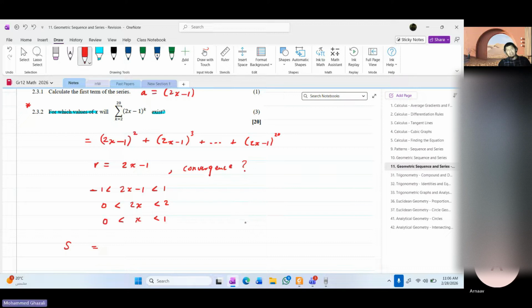Can I choose any value of x? I can clearly not choose 1. For which values of x will this here exist?